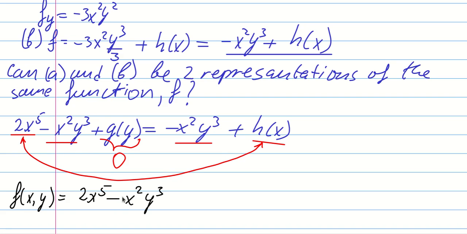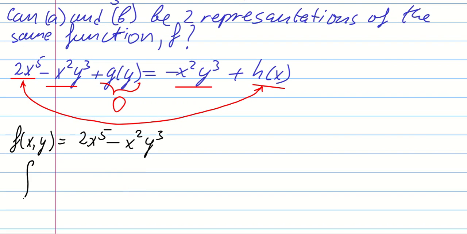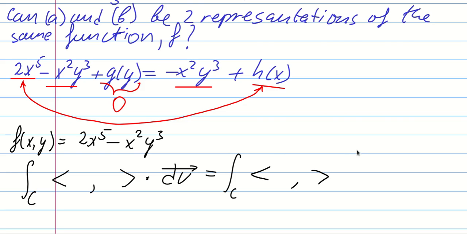And we're ready to take the line integral. So we say the line integral of some function dv is equal to the line integral of some function, which we're not sure of yet, dx dy.